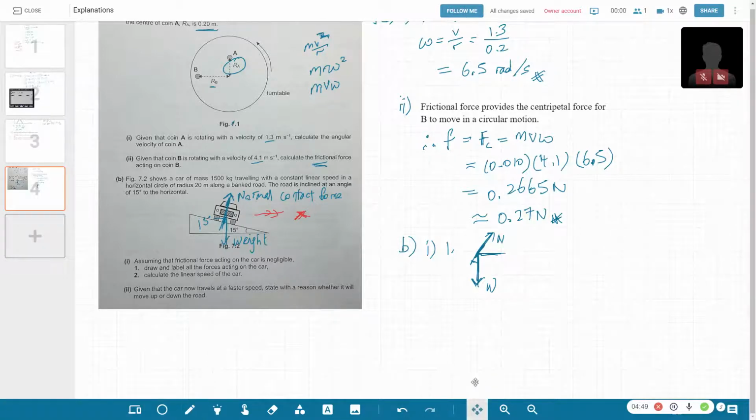Let me change the colors a little bit so that it's clearer. We know that this here is going to be 15 as well. So this is 15, this is 15. So we can get that the vertical component here is N cosine 15, and the horizontal component is N sine 15.